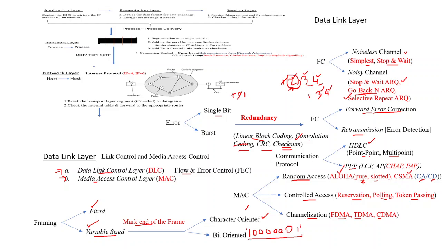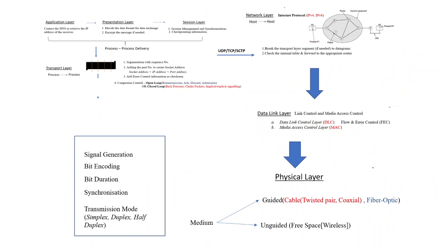And there are certain other protocols that are used while we are trying to implement the point to point protocol, that is the link control protocol, and some authentication protocols like challenge handshake authentication protocol and password authentication protocol. These are used along with the point to point protocol. A part of this point to point protocol, you might see.